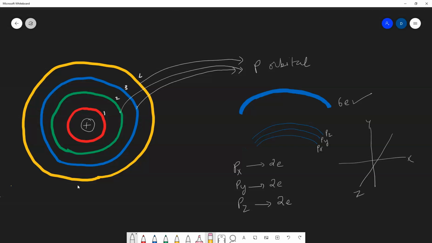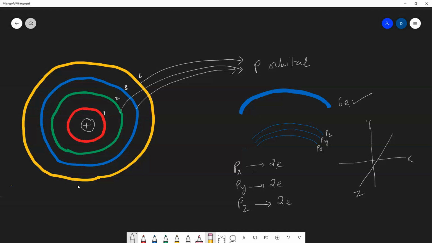So keep in mind there are 3 p orbitals. Each p orbital can have a maximum of 2 electrons, so px has 2 electrons, py 2 electrons and pz 2 electrons. All put together, the p orbital can have a maximum of 6 electrons.